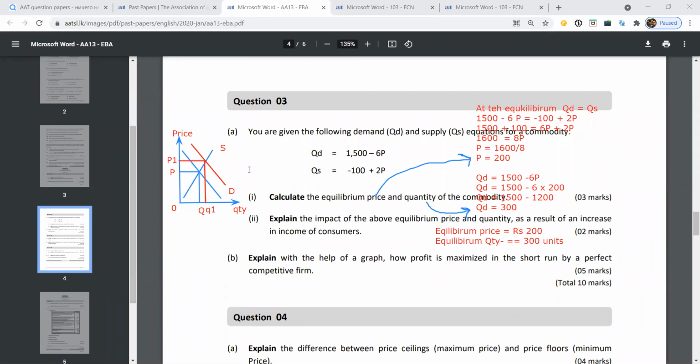Consumers' income is a factor affecting demand.